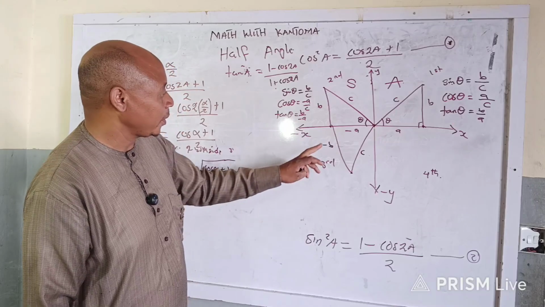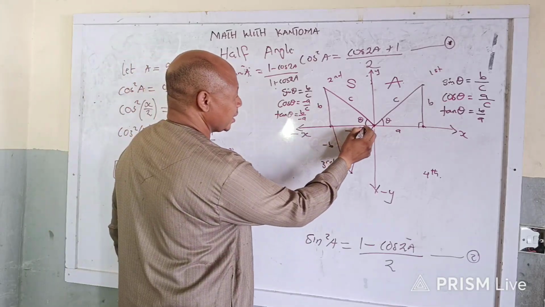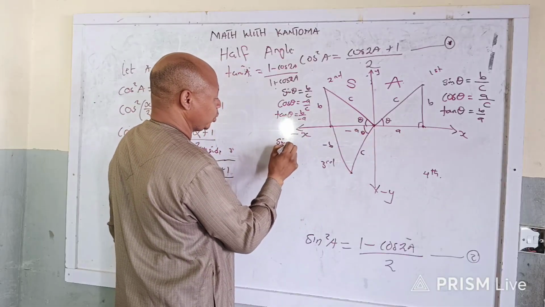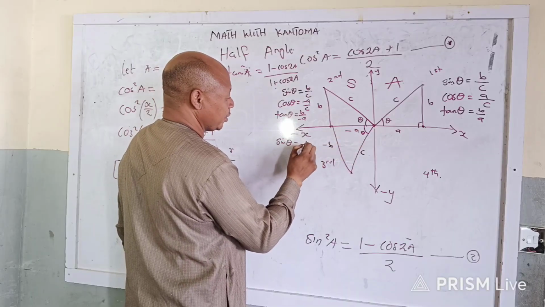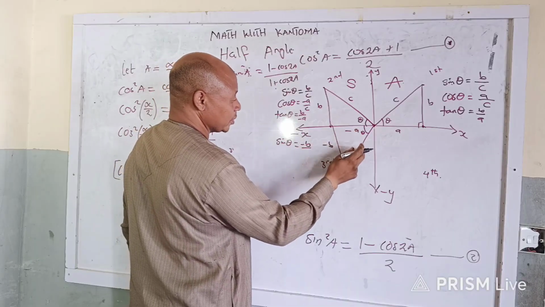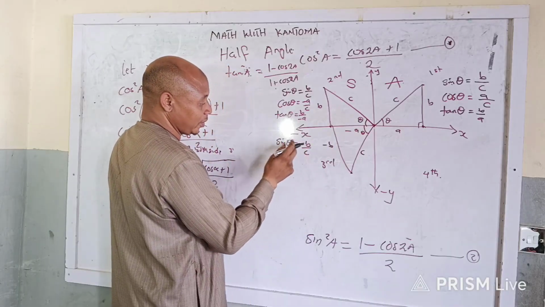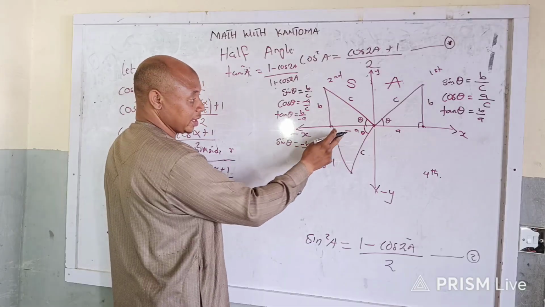So now to find the sine of this angle of inclination theta, sin theta on the third quadrant is equal to opposite, minus b, over hypotenuse, c.